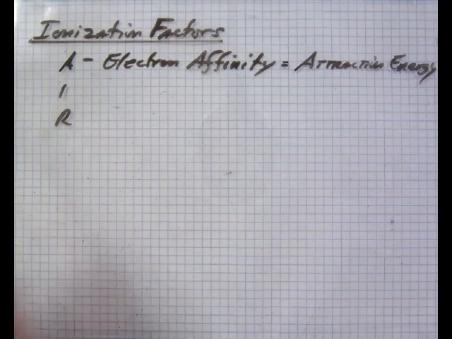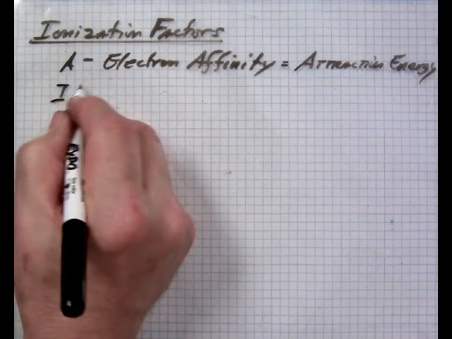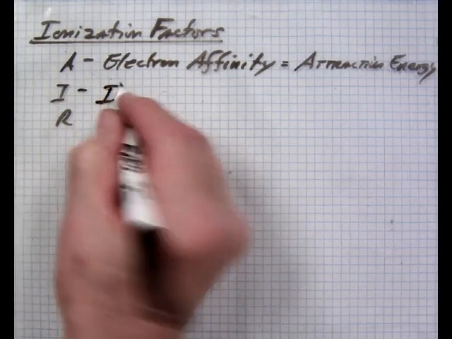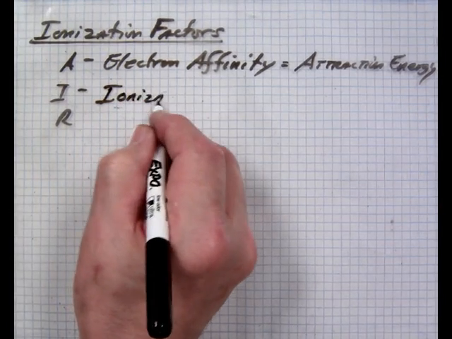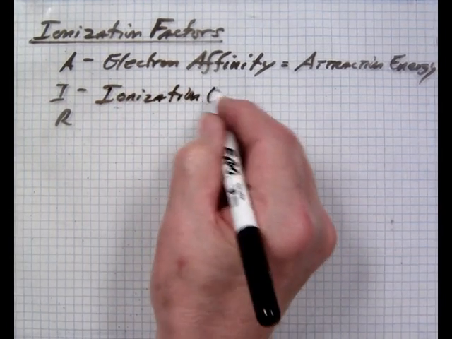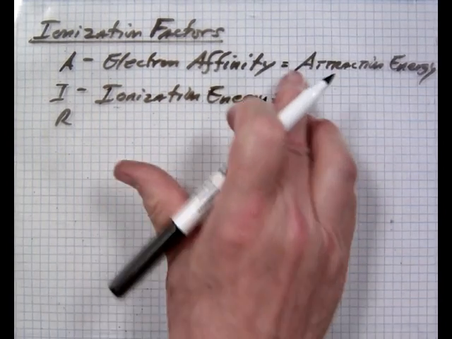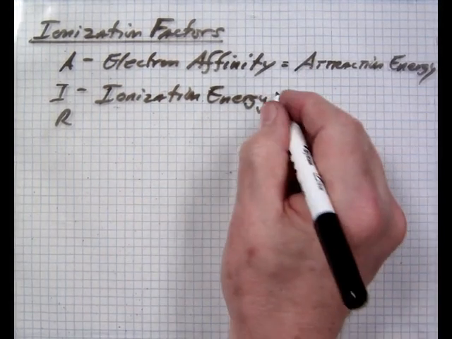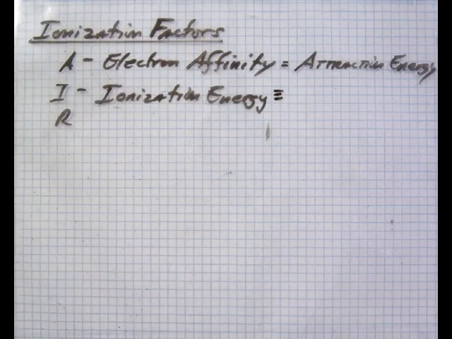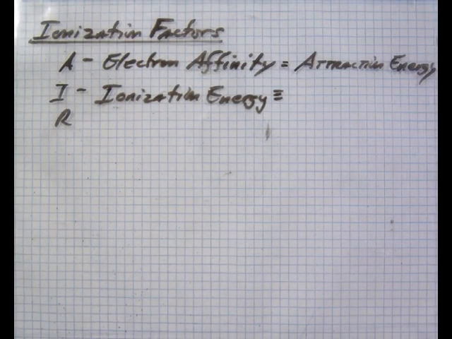The next term is ionization energy. This is more of a semantic consideration in the scheme that I'm using now. Ionization refers to the loss of electrons exclusively. Now, ionization can be either side in a different context.